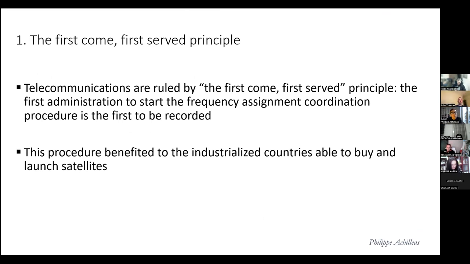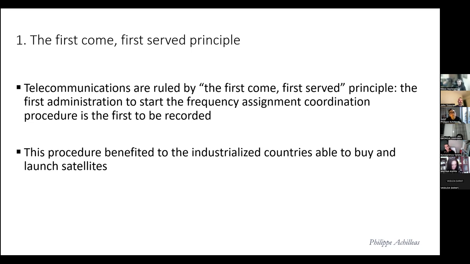So, of course, at the very beginning of the space activities, only industrialized countries were proceeding to international coordination and to recording at ITU. The problem is, once you get the rights at ITU, you keep the rights until you abandon the frequency or the orbit.